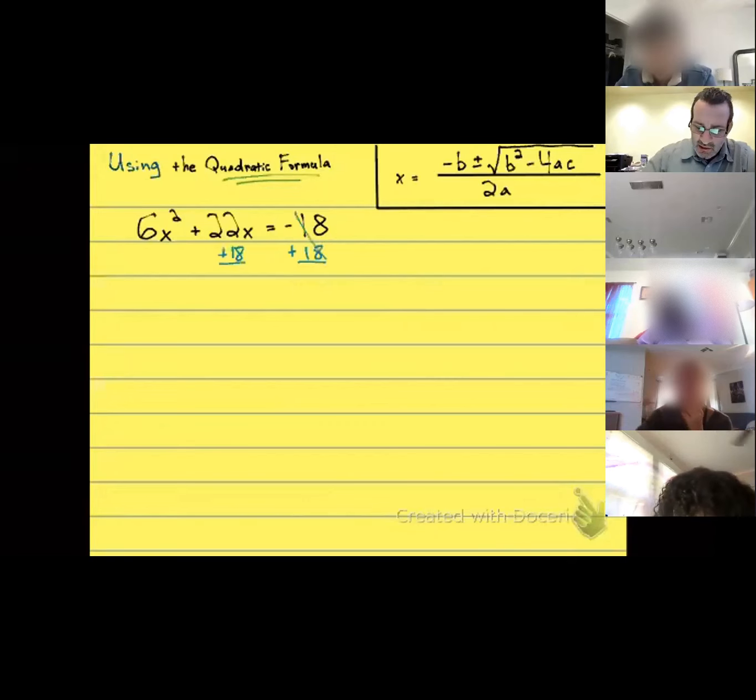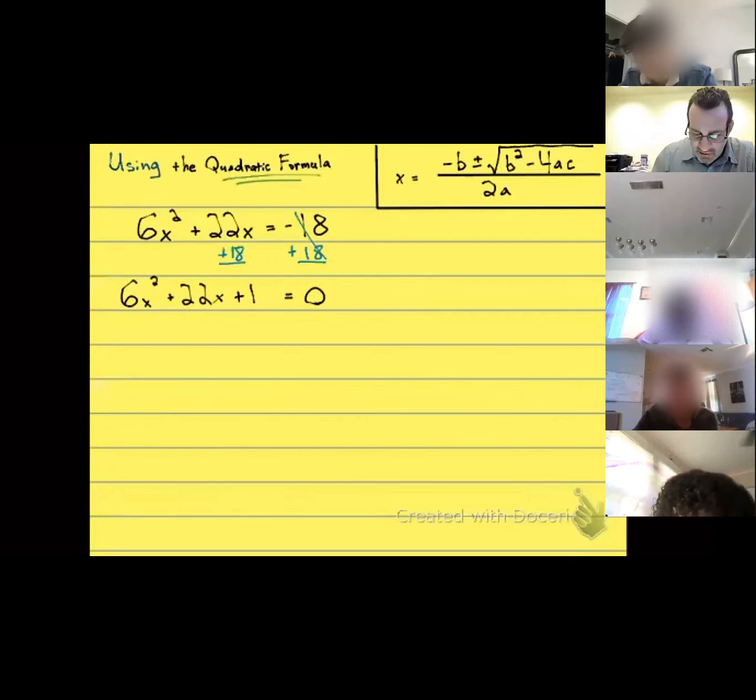Now the right side, negative 18 plus 18 will cancel out and give me a 0. And on the left-hand side, I'm going to have 6x squared plus 22x plus 18. All right, the 18 did not combine with either of the other terms, so there it is. Now, it is in order. It is equal to 0, smiley face.